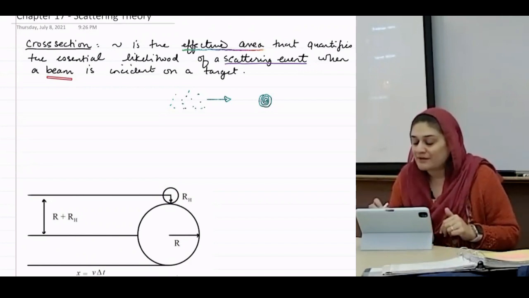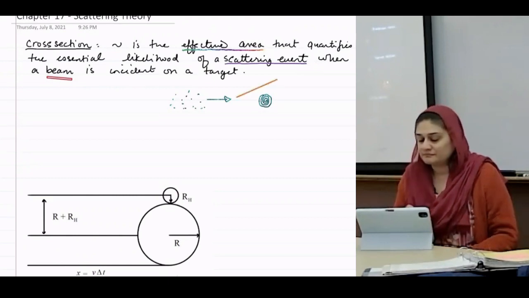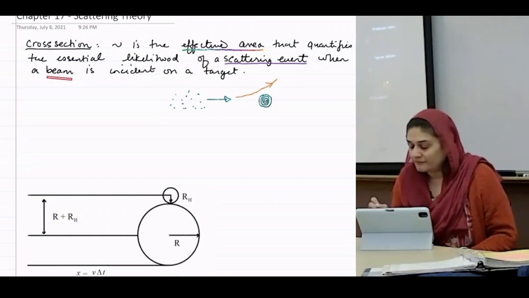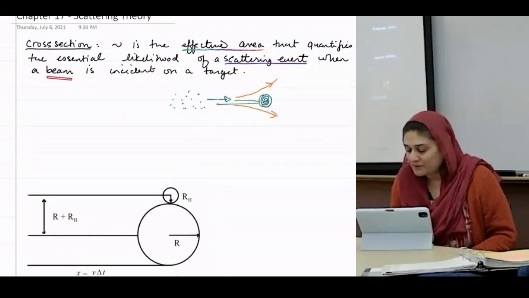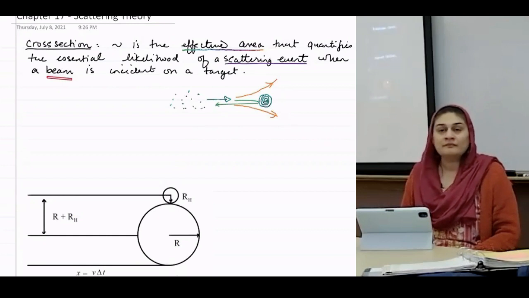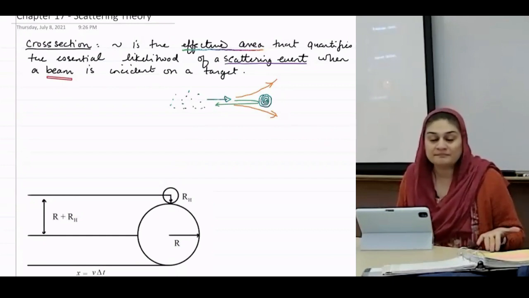Good? So scattering could happen when they are scattered this way, or it could happen when they are scattered that way, or they could also be scattered backwards. And all of these are called different kinds of scattering.